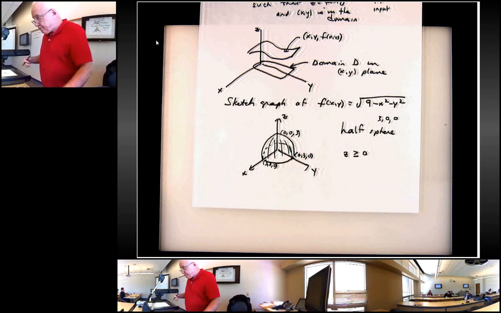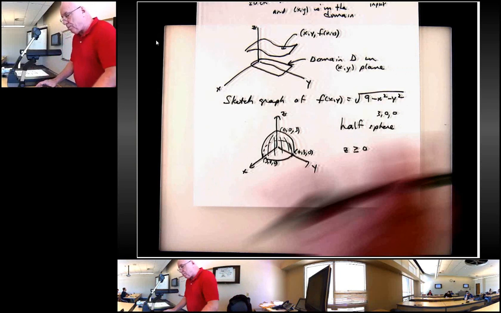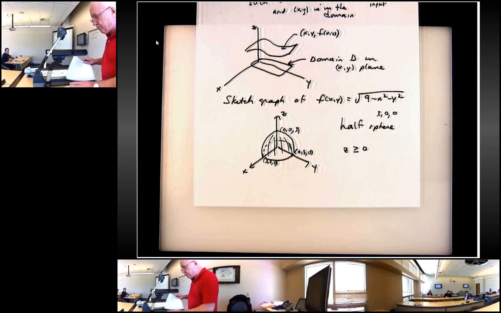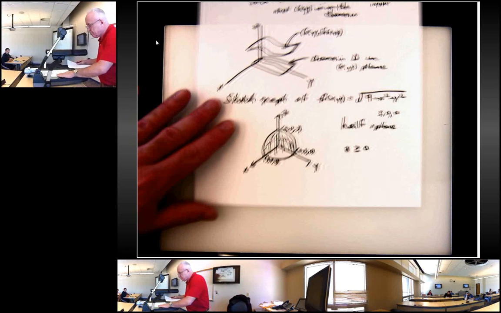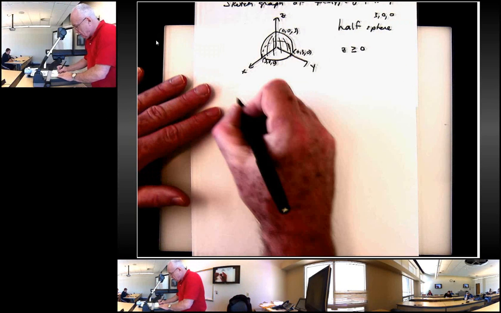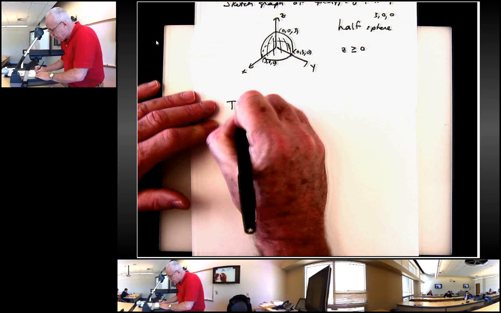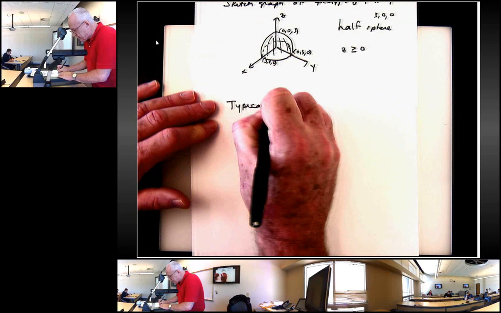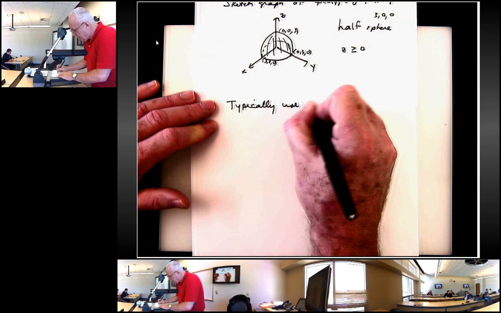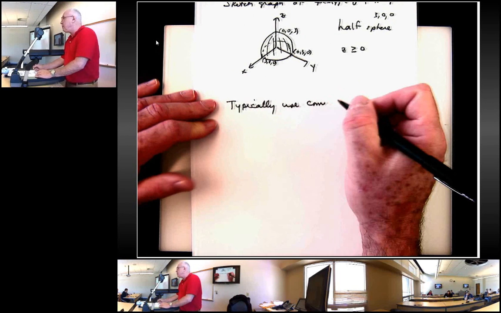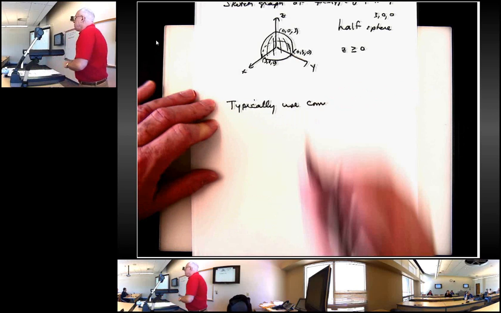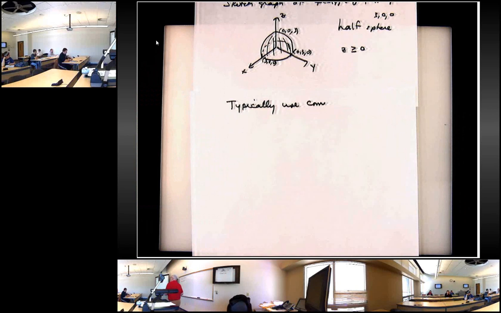All right. Now, as I said before, computer programs are really good for this. So we typically use computer programs to plot these. And I like to use Maple, but there's Mathematica. You can get a free app going for 3D graphics.